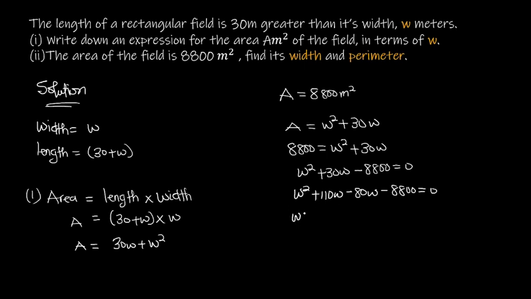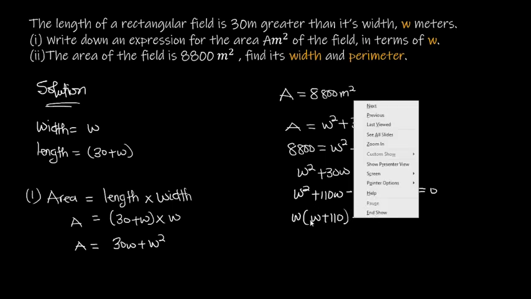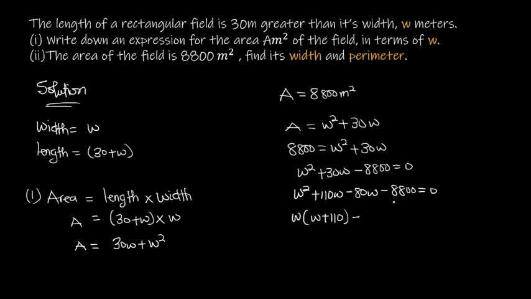Right, so from here I can factor out W. I have W inside the bracket, then W plus 110. Then between 80W and 8,800, 80 is common, so I write 80 outside the bracket, then W plus 110, is equal to 0.